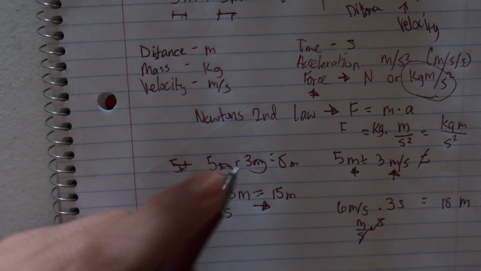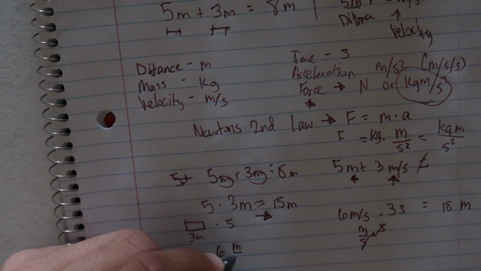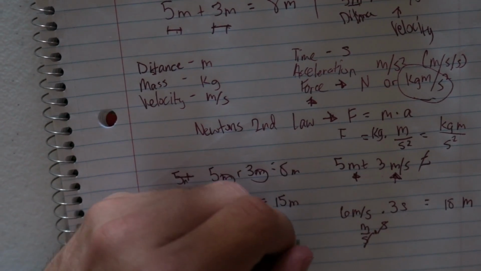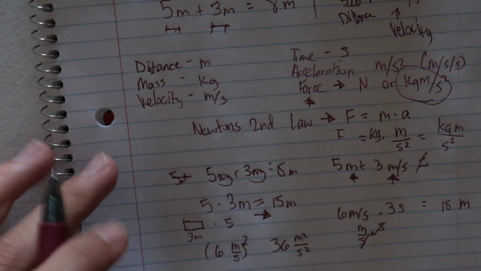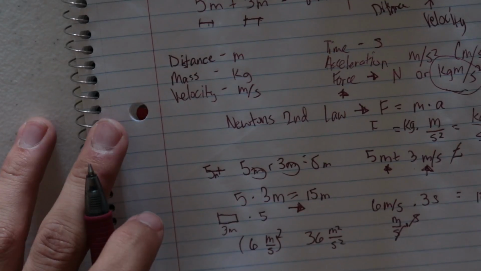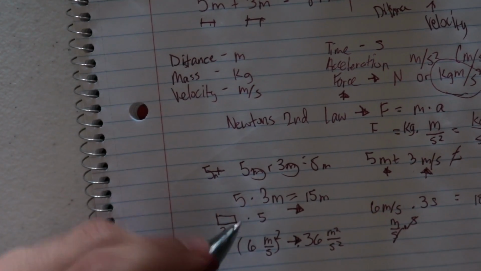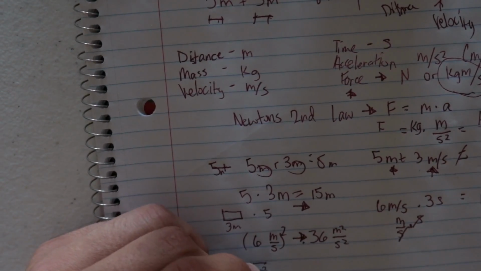Then I also want to look at squaring things. So if I have 6 meters per second, squared, what do I have? If we look at the units, we're going to have meters squared over s squared and 36, because 6 squared is 36. So that would be our answer to this. So what if we have the cube root of 8 meters cubed?